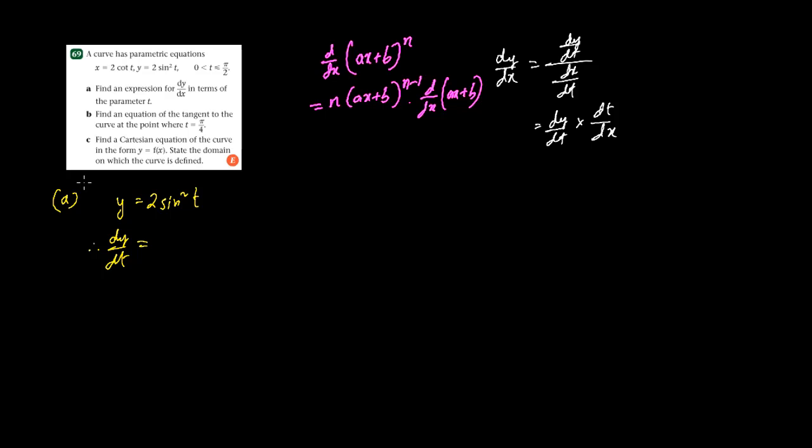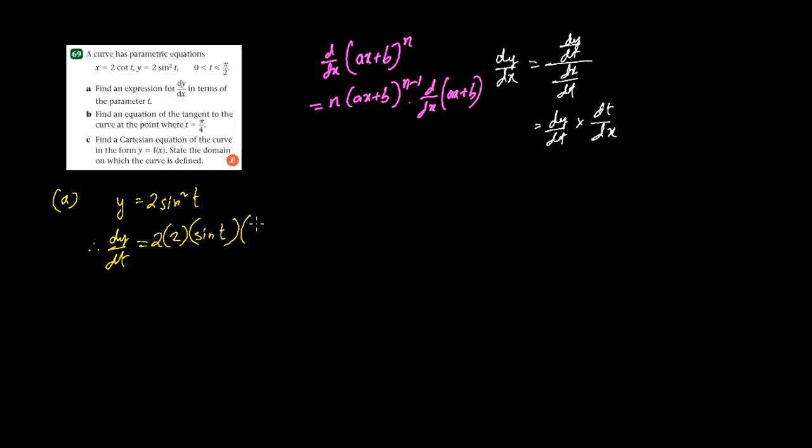So that's what we have to do here. In this particular case, we have this 2 as the constant and this 2 as the power. So the power comes first, so this 2 would come first, and then we write the same thing with the power decreased by 1. So if the power is 2 here, decreased by 1, it would become only sine t, and then d by dt of whatever is inside the power.